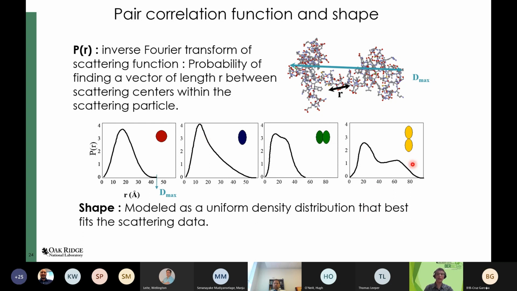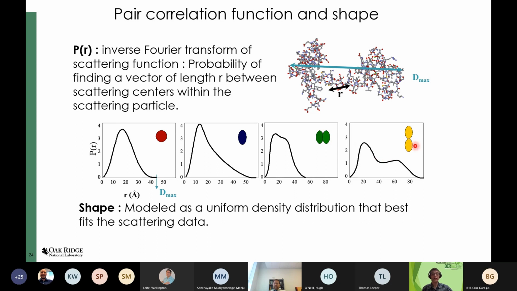So, for example, if I have an end-to-end dimer, something like this here, I will have scattering distances at short distances within one particle centered around here, and then I have another maximum here of distances that go from one particle to the other.